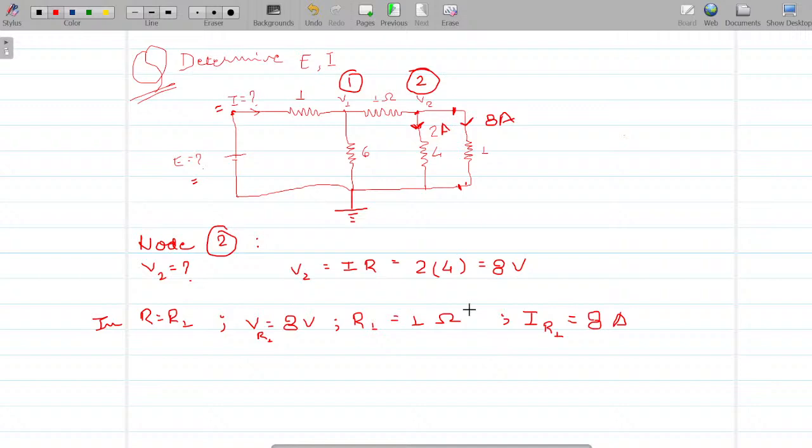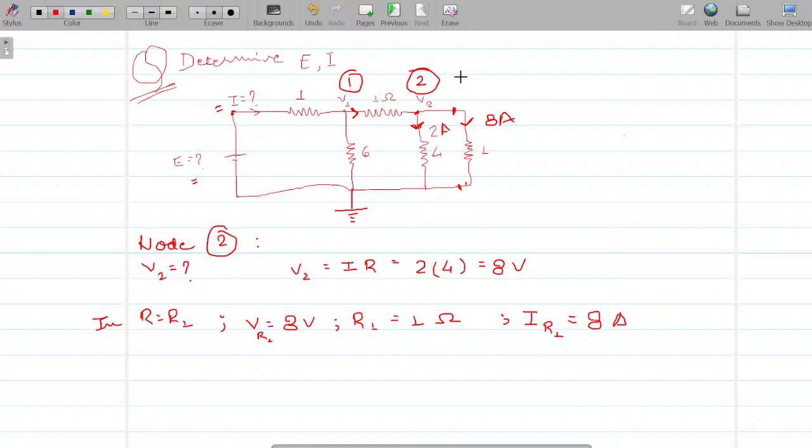Right? Now tell me, this is 2 amperes, this is 8 amperes, basic principle of Kirchhoff's current law. What would be the current here? The sum of all currents at this point should be 0. This is 2, this is 8, then this should be minus 10 only.